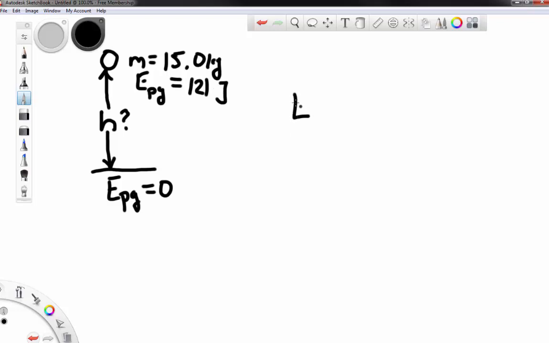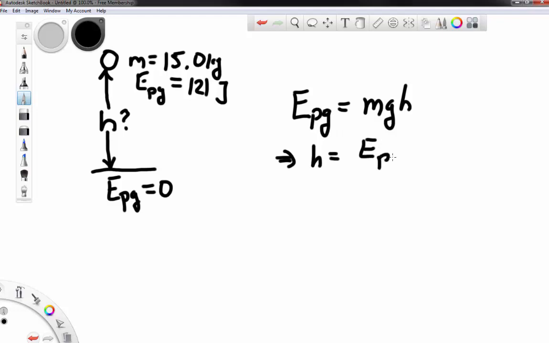To solve for the height, we use that the potential energy due to gravity is mgh. Therefore, the height must be this potential energy due to gravity divided by m times g. All I've done is rearrange this equation.